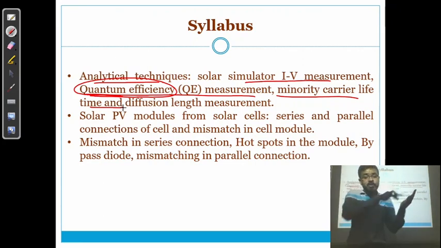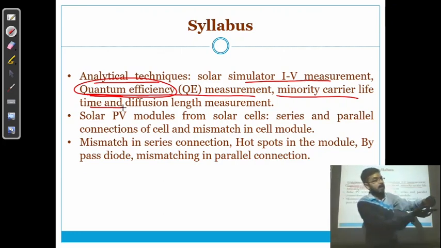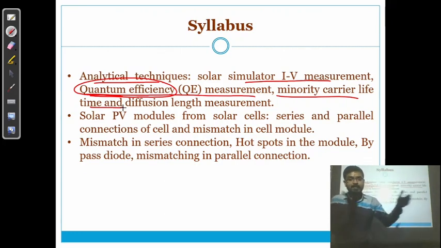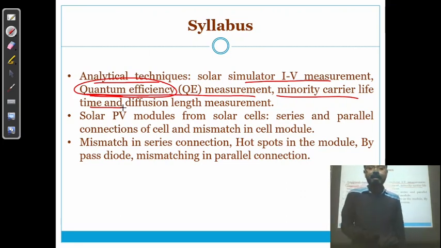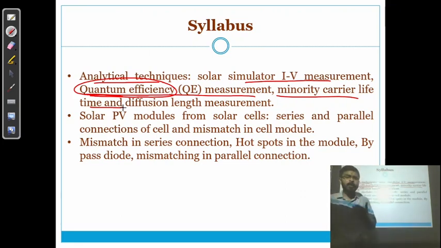So the time between generation and recombination is nothing but the minority carrier lifetime. We are going to study this in depth in the upcoming lectures.